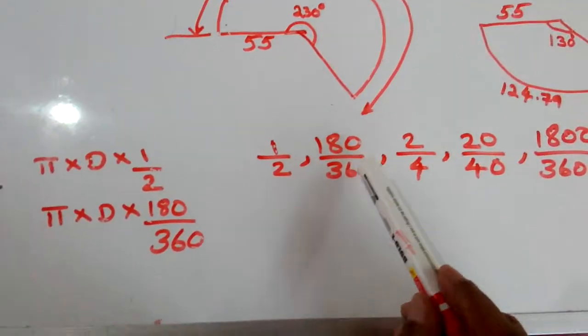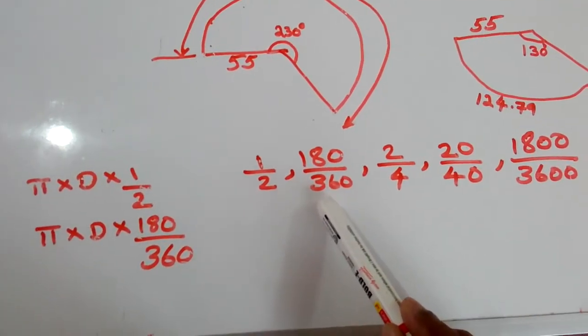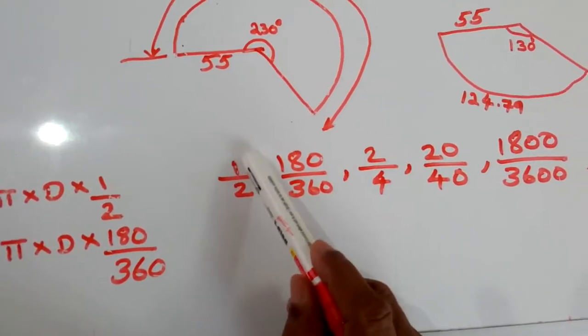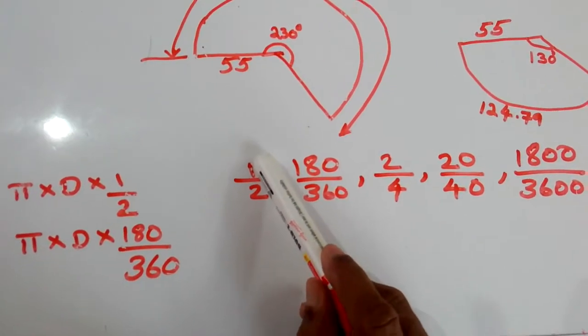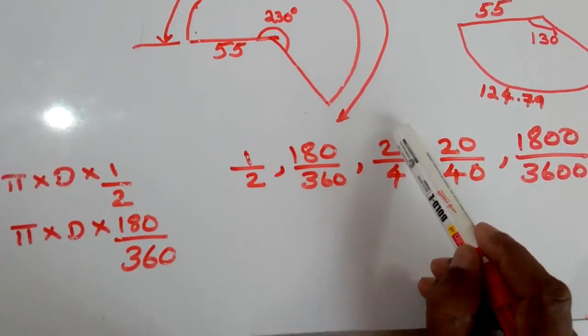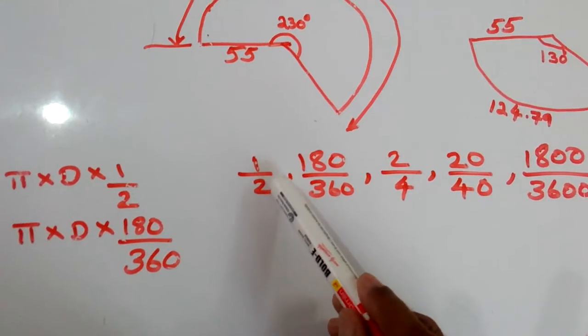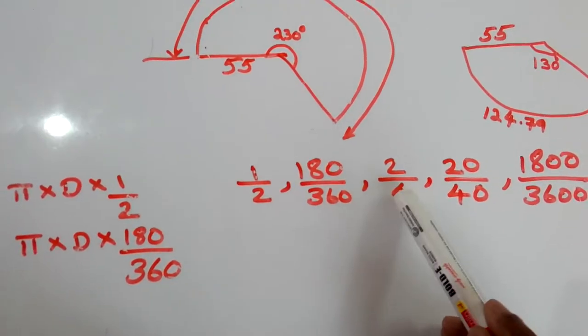The word 180 by 360 is the same as 2 by 4, because if we multiply it with 2, we get 2. If we use the same measurement to multiply here also, we get 4. Both are the same.